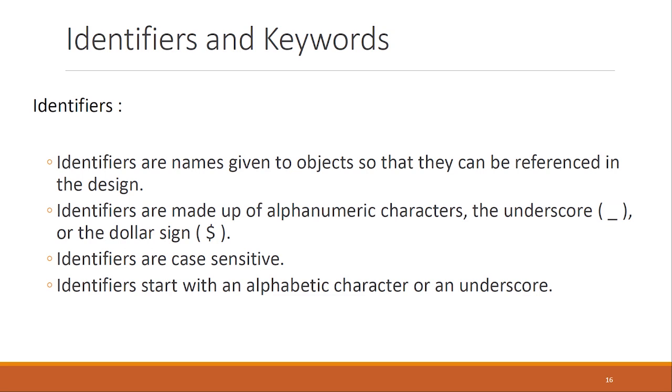Identifiers are made up of alphanumeric characters, the underscore or the dollar sign. These are specific to Verilog. And identifiers are also case sensitive. Identifiers start with an alphabetic character or an underscore, so all identifiers have to start with an alphabetic character or an underscore.